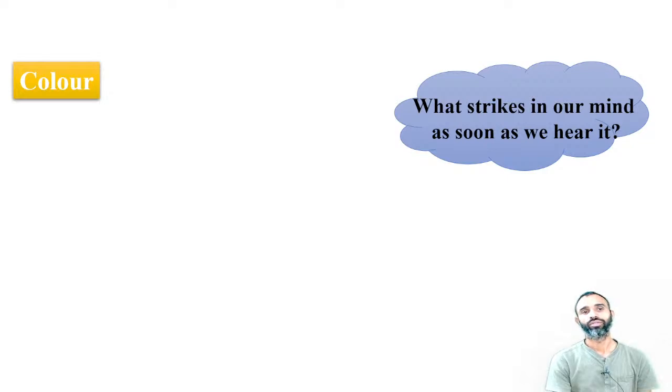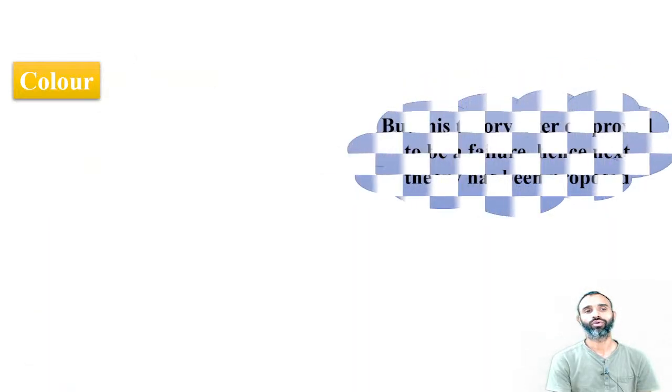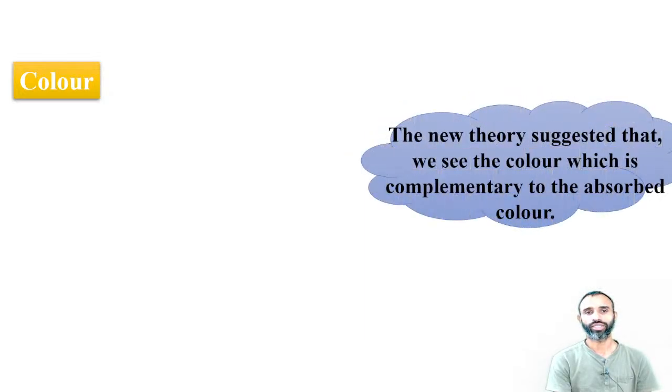Now color properties of transition elements. So there are different colors. The color observed is complementary to the color absorbed.